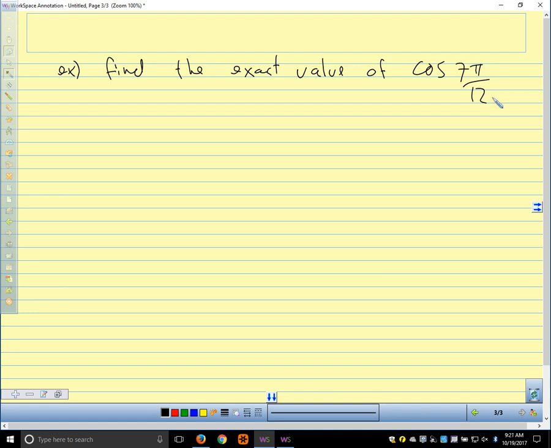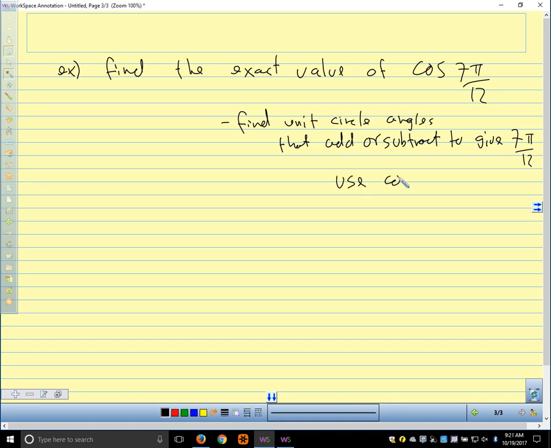So now we're working in radians, but again, what we want to do is find unit circle angles that add or subtract to give 7 pi over 12. And then we're going to use the cosine of u plus or minus v, depending on what angles we find.